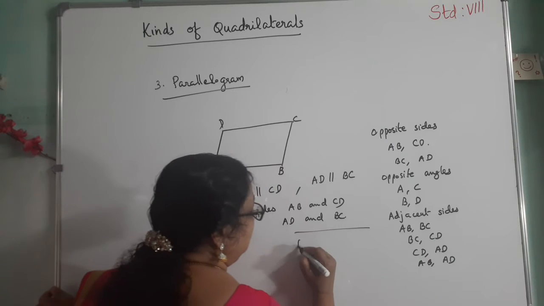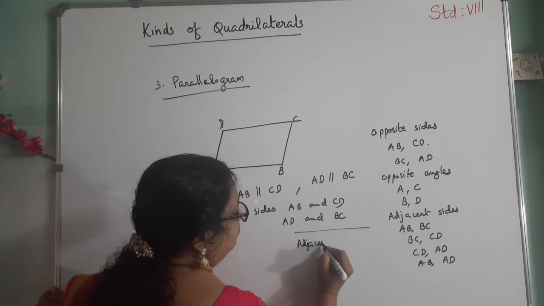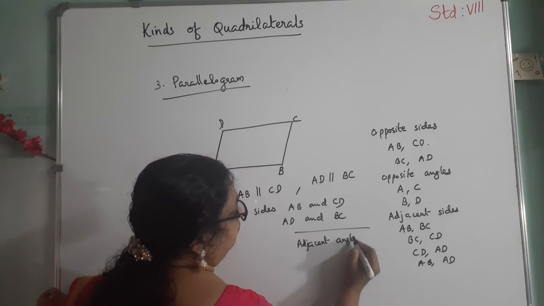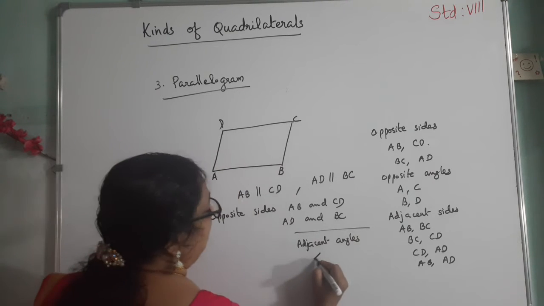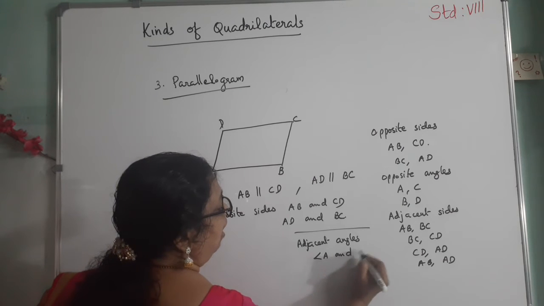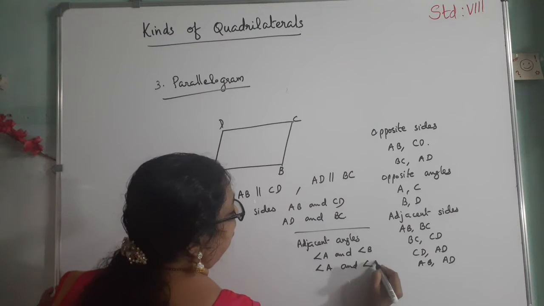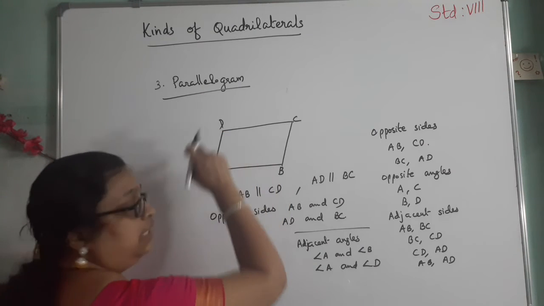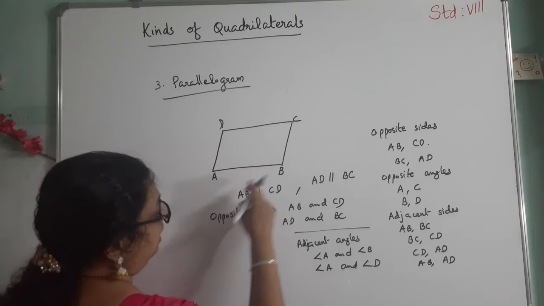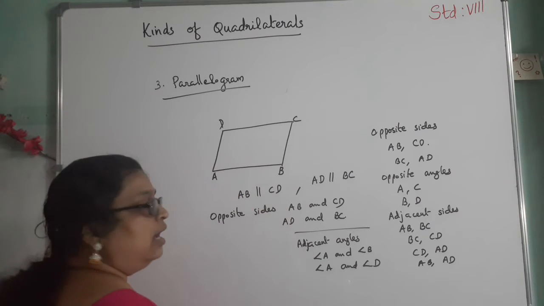Then adjacent angles. Adjacent angles means angle A and angle B, angle A and angle D. So A and B are adjacent angles, A and D are adjacent angles.